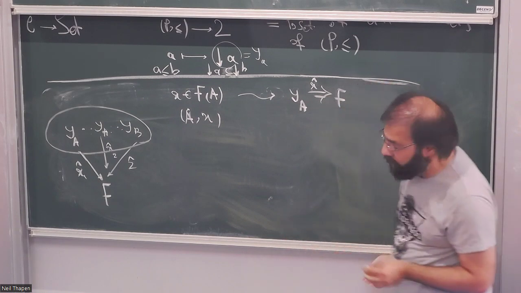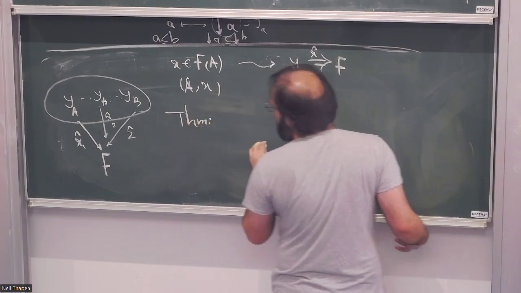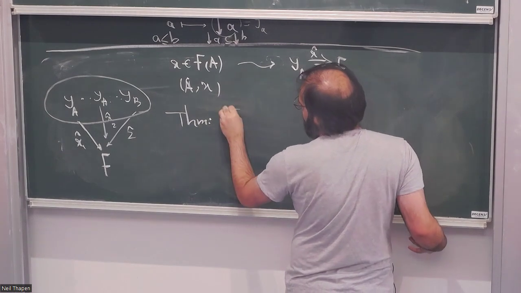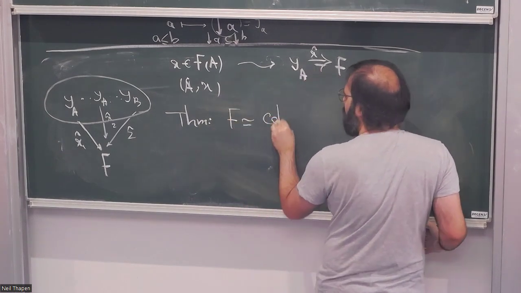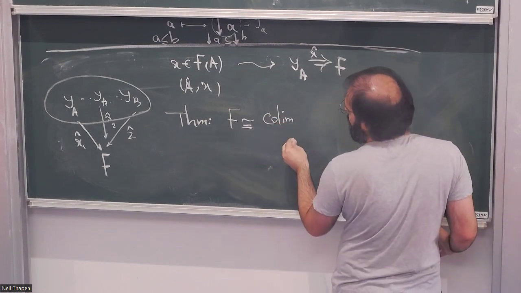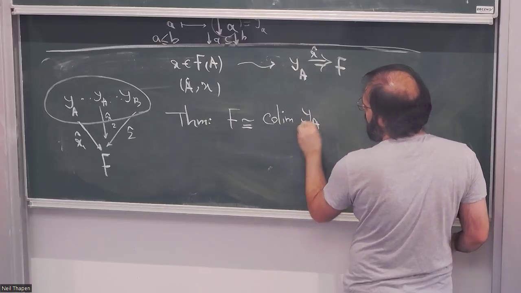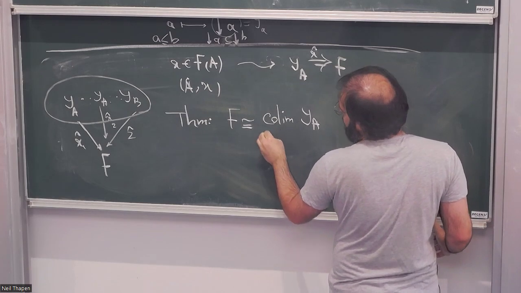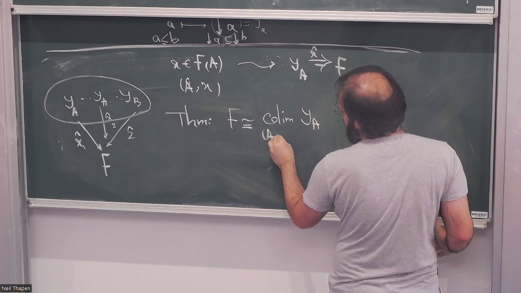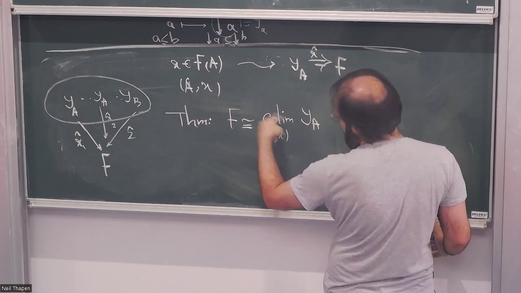This is the theorem that I said: F actually is the co-limit of that diagram, the diagram of all the Yoneda A's for any pair A, X, and then the canonical map here.